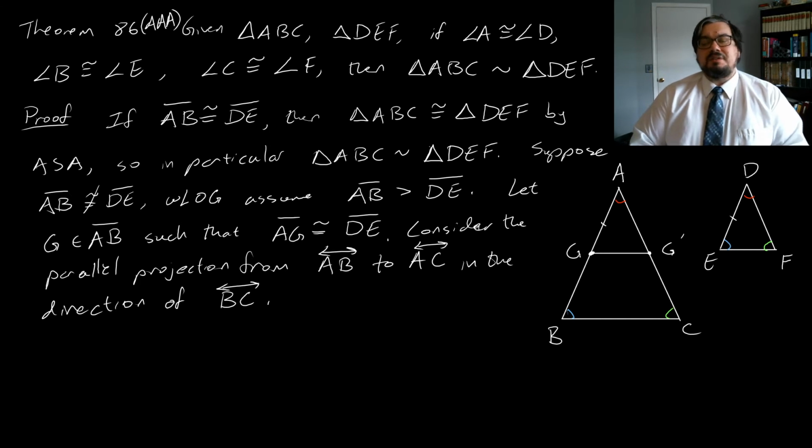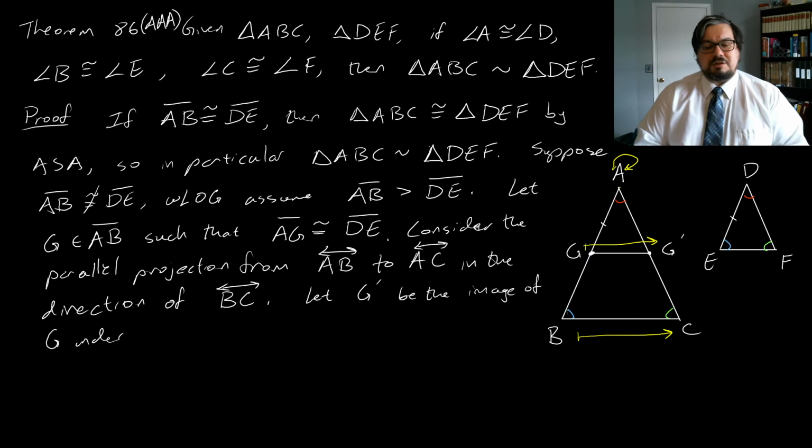Now, notice under this projection that A goes to just A itself. So we've got this projection which is sending B to C, it's sending G to G prime, and then A gets sent back to A, and that's because that's the point where the two lines AB and AC are intersecting. Let's let G prime be the image of G under this projection.